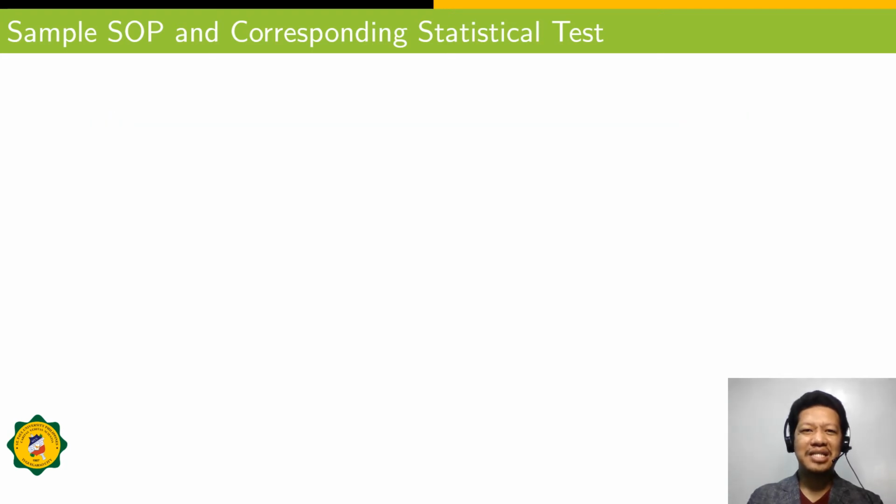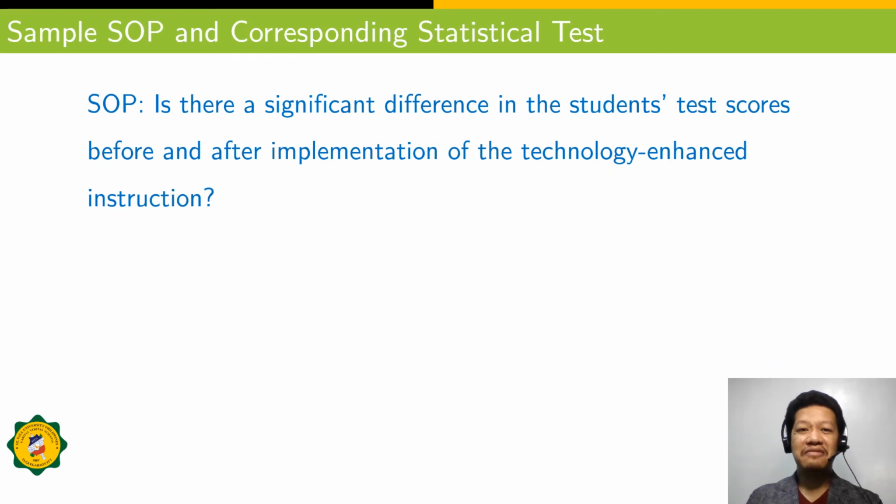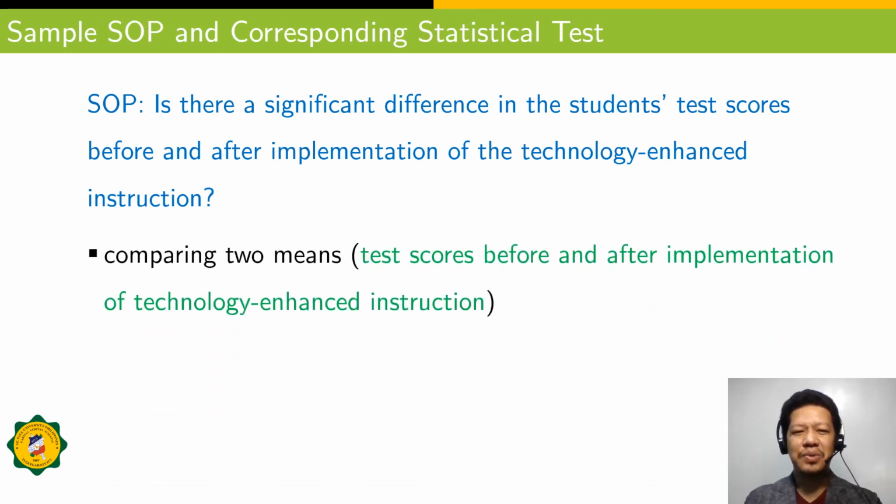Let's have another SOP. Is there a significant difference in the students' test scores before and after implementation of the technology enhanced instruction? We have two means here, the test scores before and the test scores after the implementation of the technology enhanced instruction.